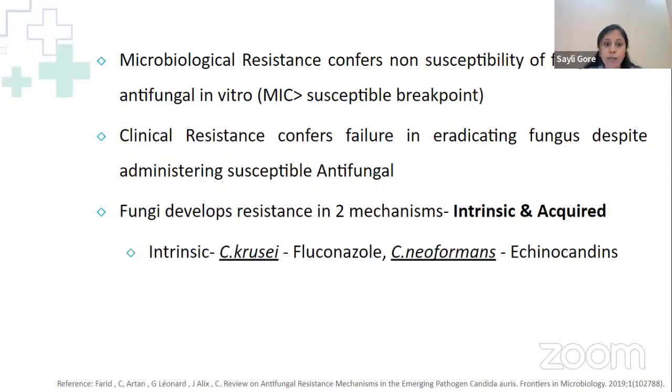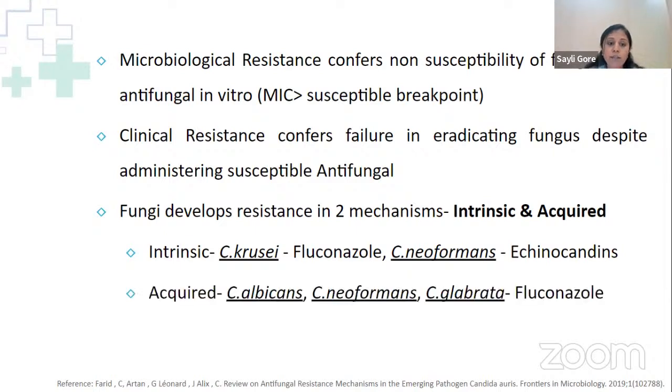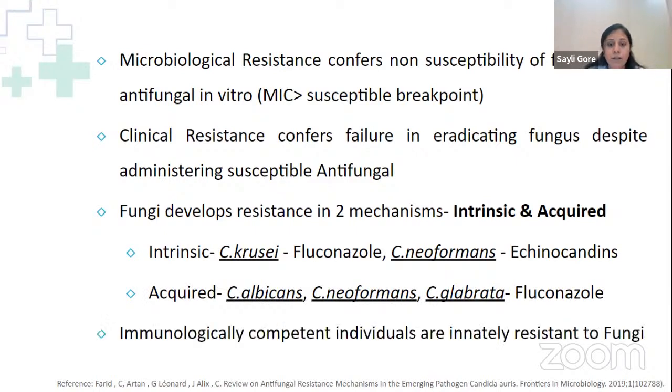One is intrinsic, where the fungi are resistant even before the exposure, and acquired, where the fungi develop resistance through different mechanisms. So, for example, Candida krusei is intrinsically resistant to fluconazole, and Candida glabrata has now developed resistance to fluconazole.